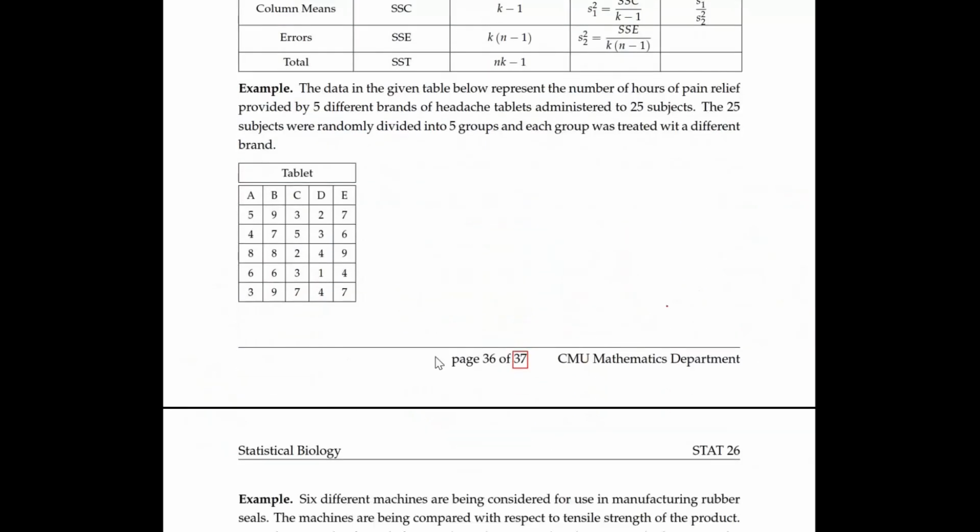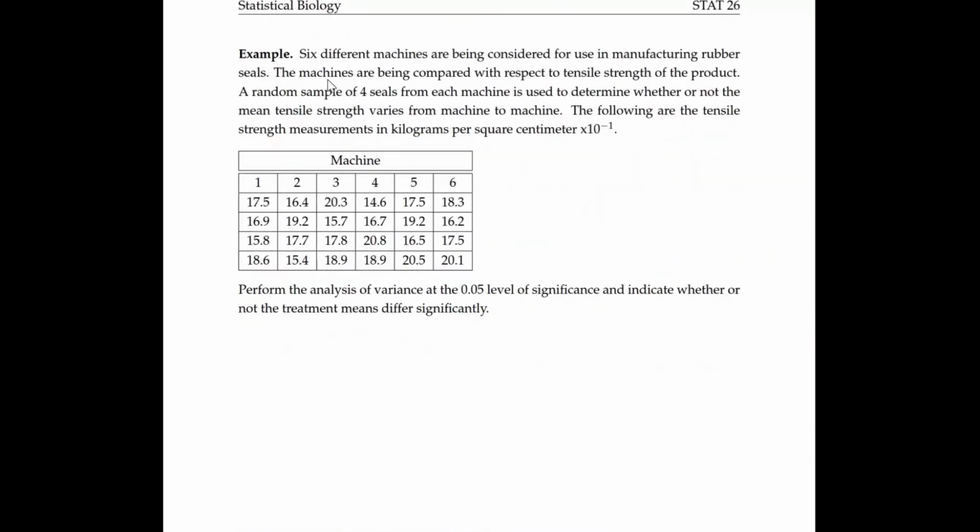So we have here example number 2. 6 different machines are being considered for use in manufacturing rubber seals. The machines are being compared with respect to tensile strength of the product. A random sample of 4 seals from each machine is used to determine whether or not the mean tensile strength varies from machine to machine.